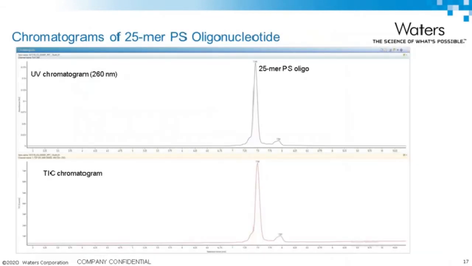Moving on from unmodified oligonucleotides, here I have an example of a 25-mer fully phosphorothioate oligonucleotide. In this case, 26 oxygen atoms from the phosphate backbone were replaced by sulfur atoms. As you can see, we got very good chromatography, good separation, and good signal intensity in both UV and the TIC chromatogram.